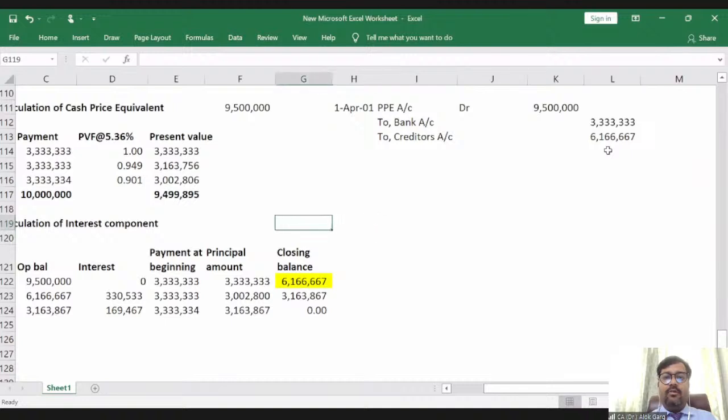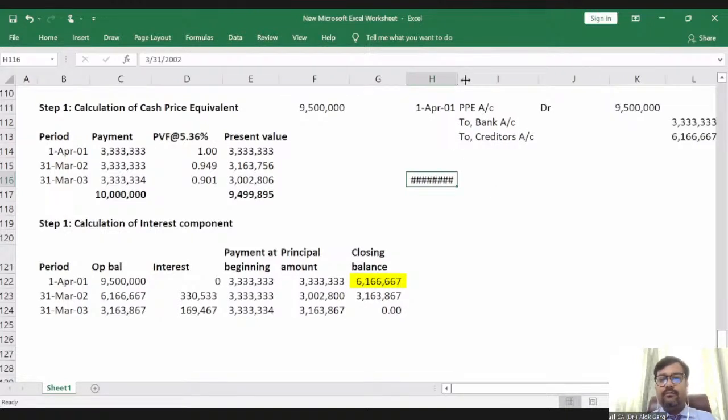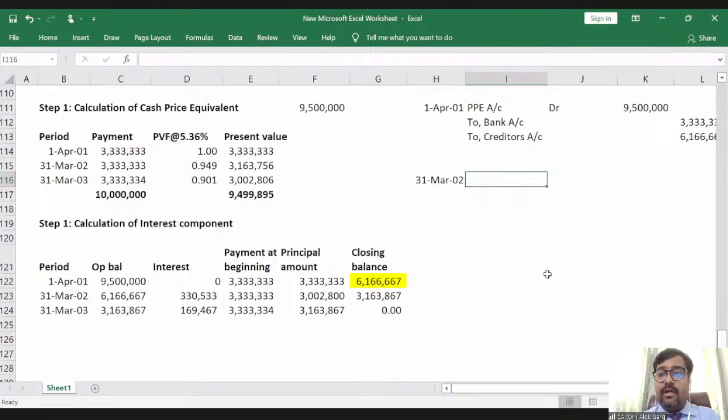Now on the next date, which is 31st March 2002, what is the accounting entry? The accounting entry will be interest expense account debit. Interest expense debit by how much amount? Interest expense debit by 330, right?